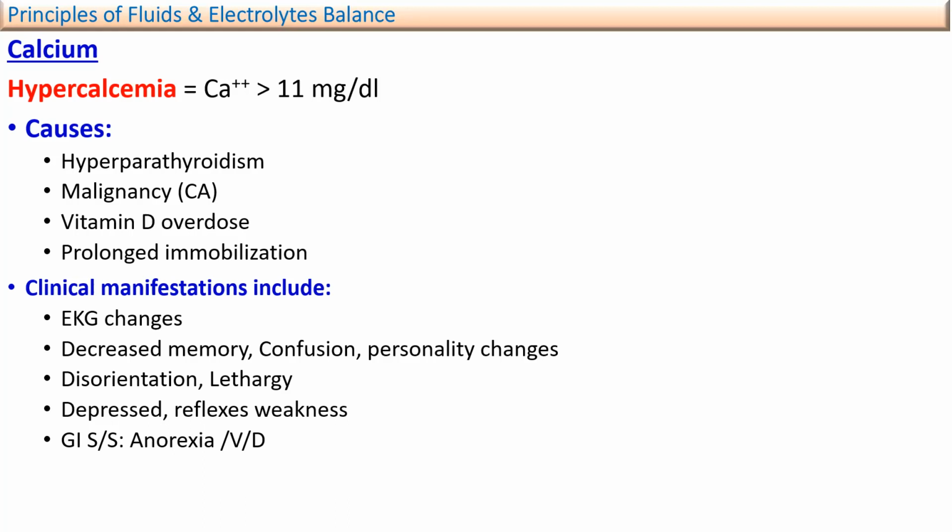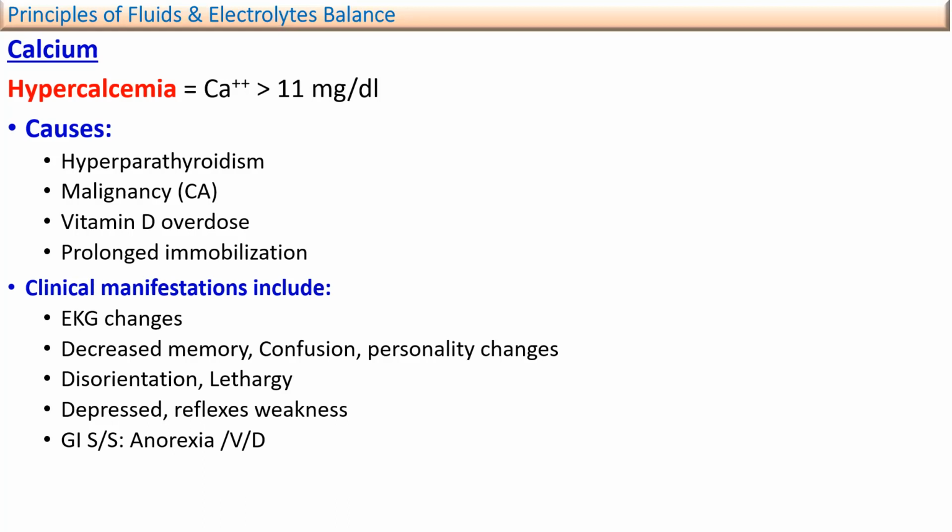So increased calcium is pulled from the bones, which is called calcium resorption or bone resorption. That calcium, pulled from the bones into the bloodstream, will elevate the calcium in the bloodstream, leading to hypercalcemia. So prolonged immobilization results in hypercalcemia because of that mechanism of calcium resorption, calcium being pulled from the bones into the vascular volume.